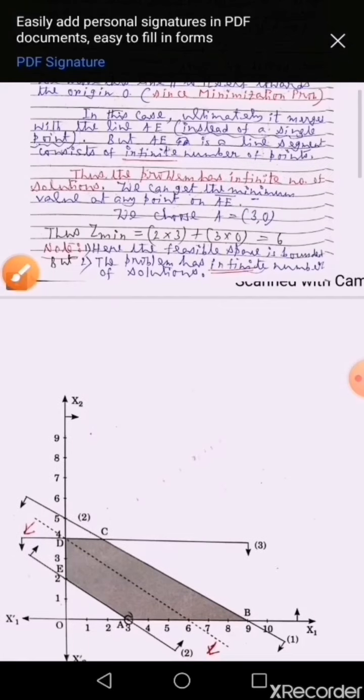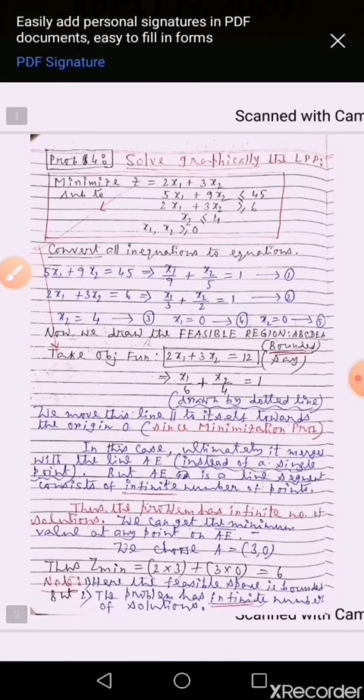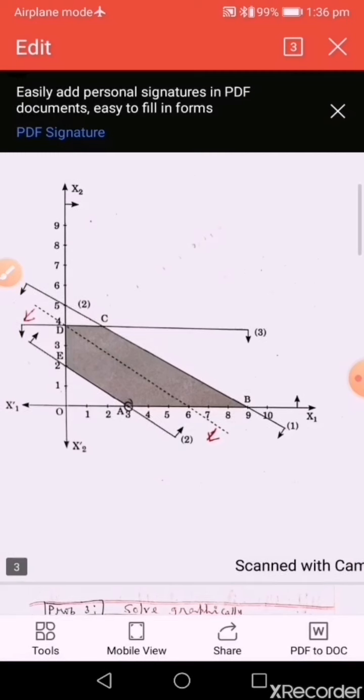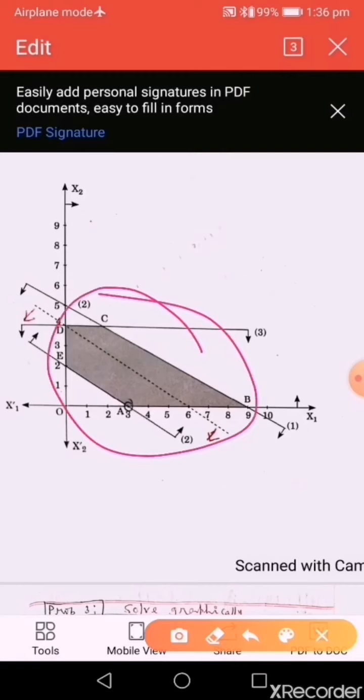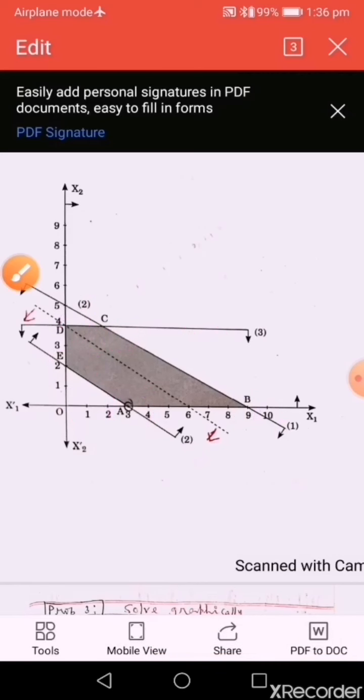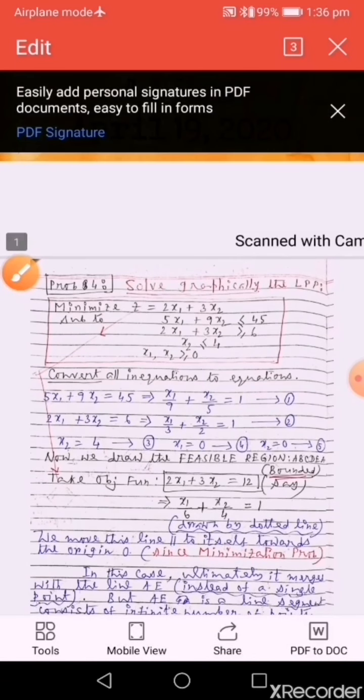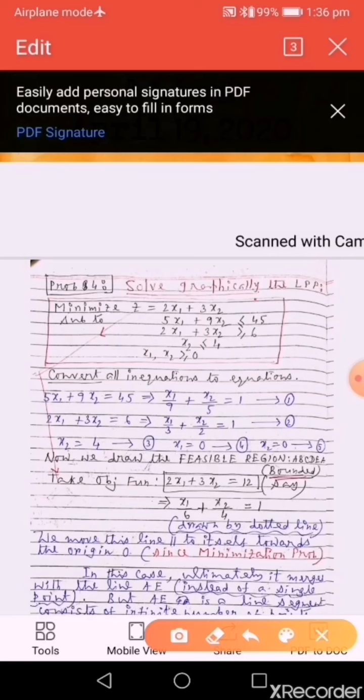So as it is, we will obtain here a bounded region. The feasible region is bounded, which is closed, and these are the corner points A, B, C, D, E, A. Now let us come to the objective function, which is 2x1 plus 3x2 equal to z.